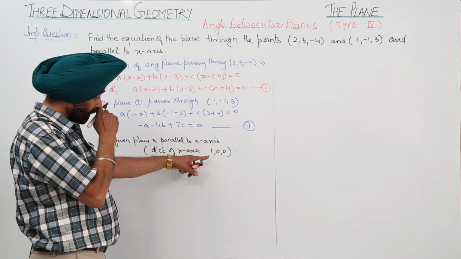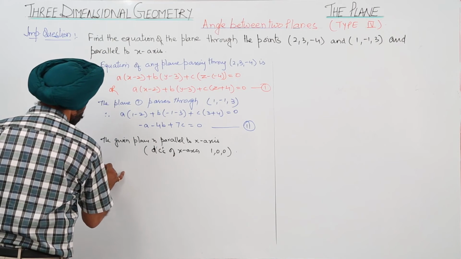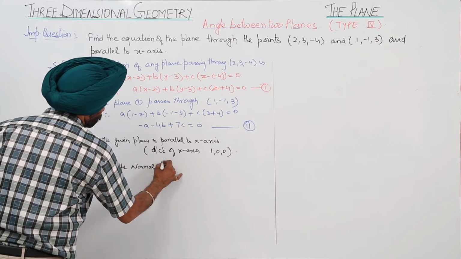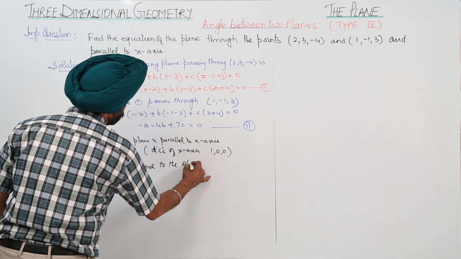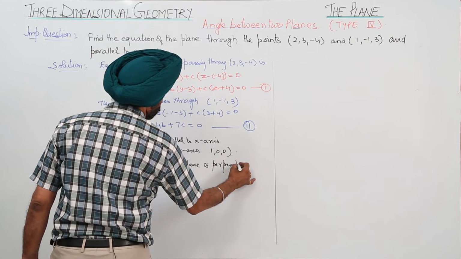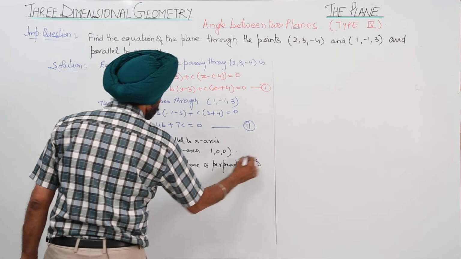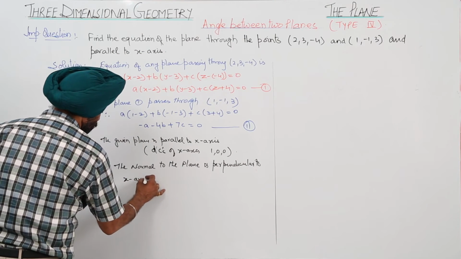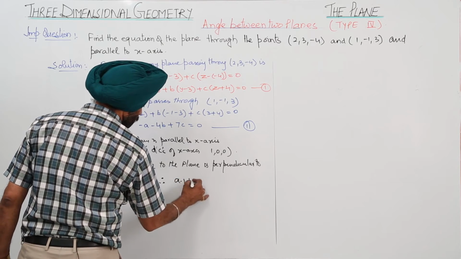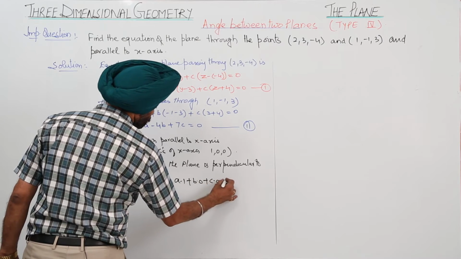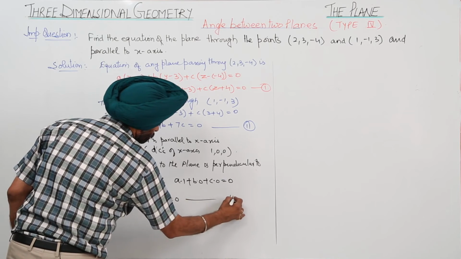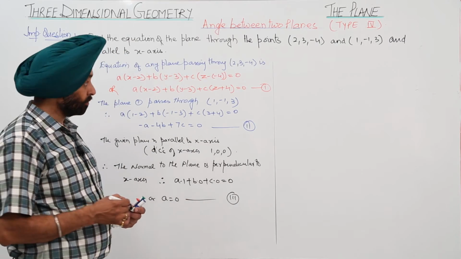Now therefore the normal to the plane is perpendicular to x-axis. Therefore a(1) + b(0) + c(0) = 0, or a = 0. Equation 3.